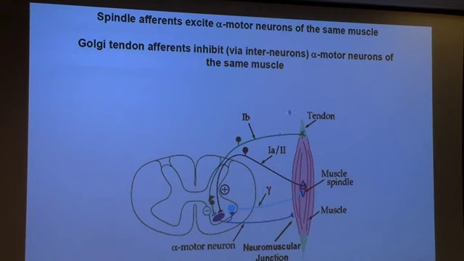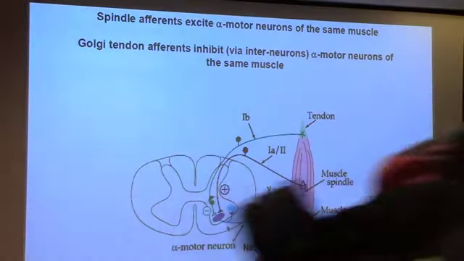The first one is the Golgi tendon, which will generate an inhibition through this interneuron to the oculomotor neuron. The other one is from the muscle spindle, which will generate another excitation axon to this oculomotor neuron. So this is like the feedback pathway of your muscles in movement.